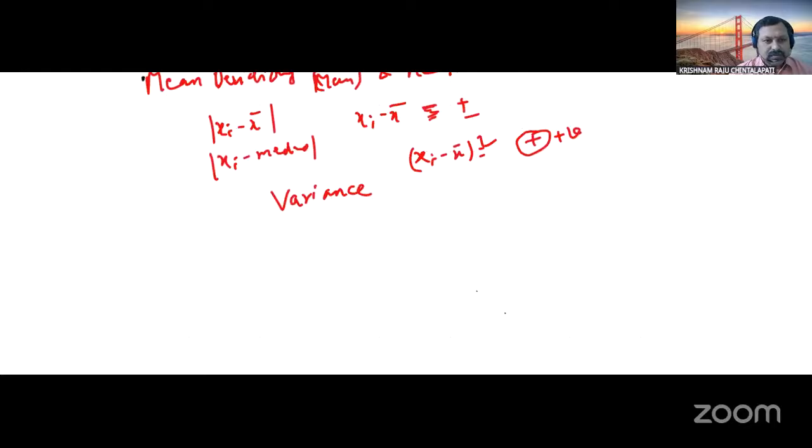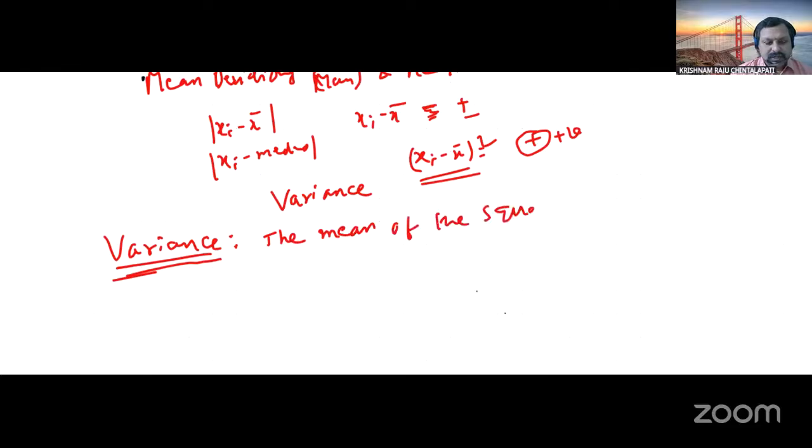Note down the definition of variance. The mean of the squares of the deviations, xi minus x bar whole square.